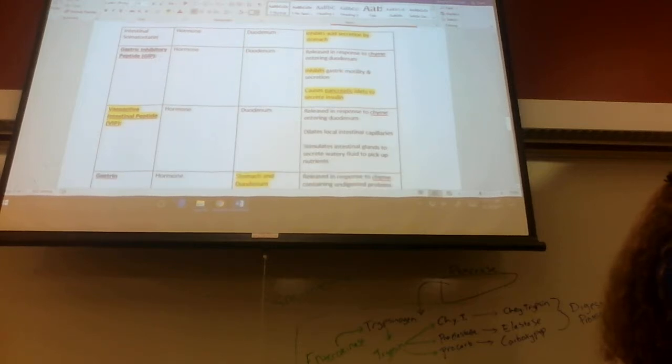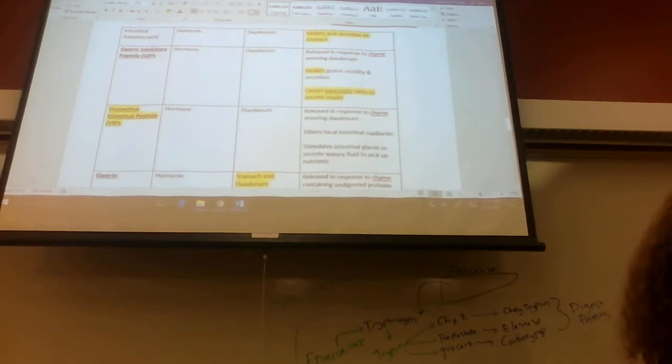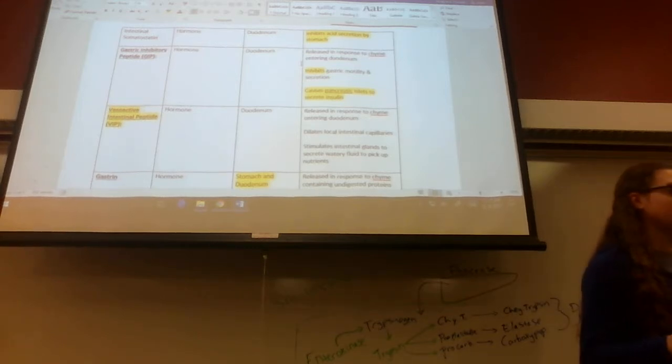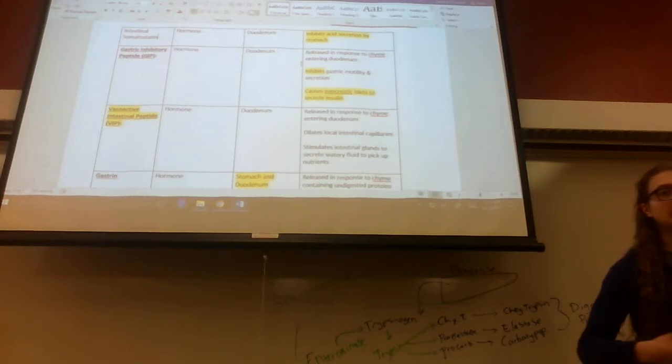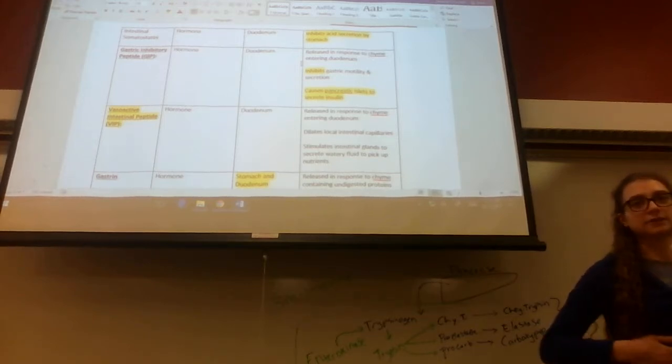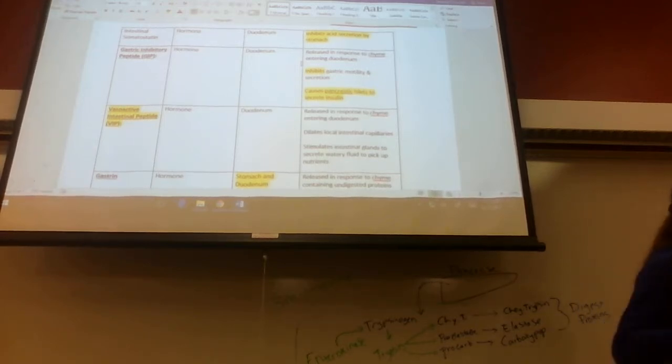GIP, gastric inhibitory peptide. Oh, I wonder what this does. It is released in response to chyme entering the duodenum. It inhibits gastric motility and secretion and, this is interesting about GIP, it causes pancreatic islets to secrete insulin. So say you eat chocolate, right?